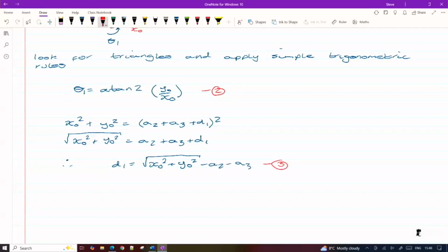So now for a given px0, py0, pz0, we can come up with the joint variables required to reach that position within our robot's work envelope.